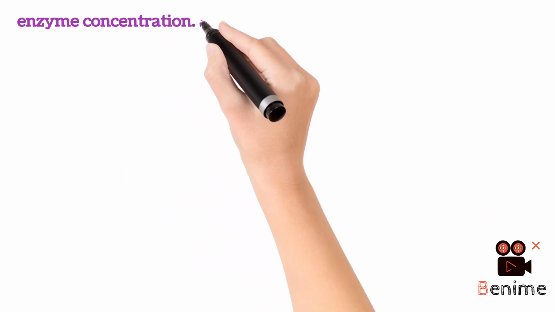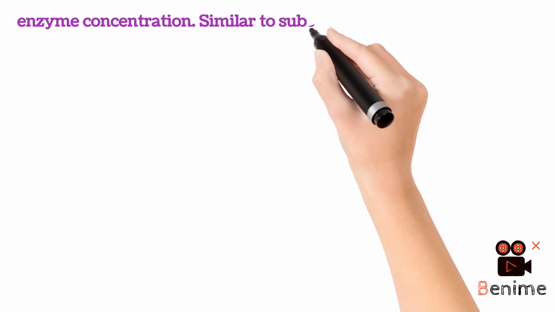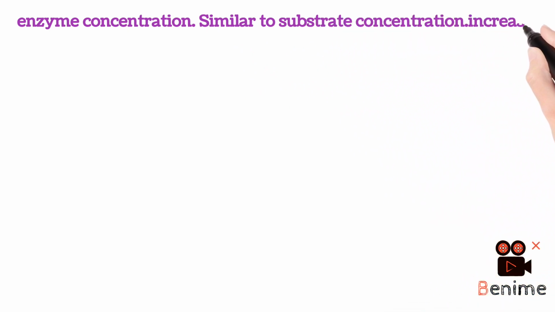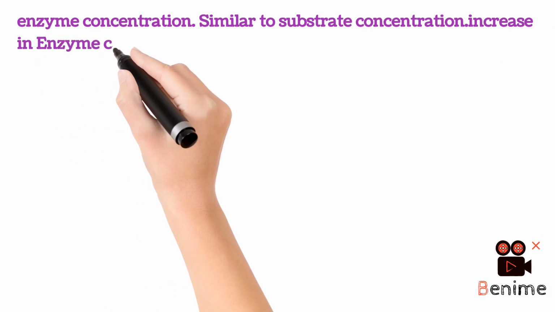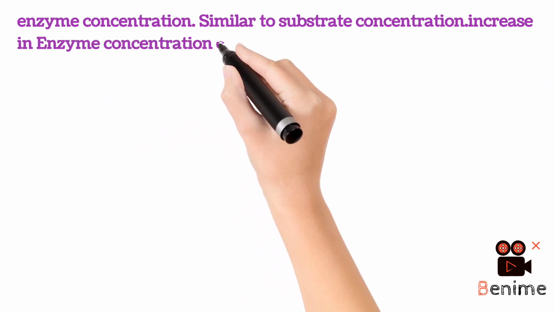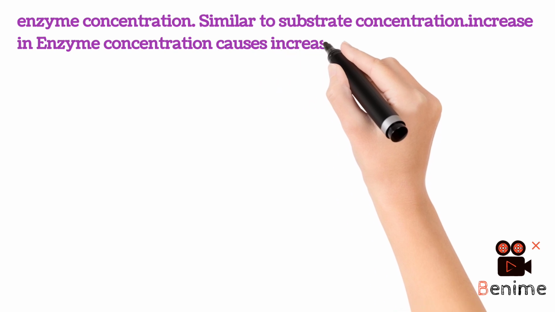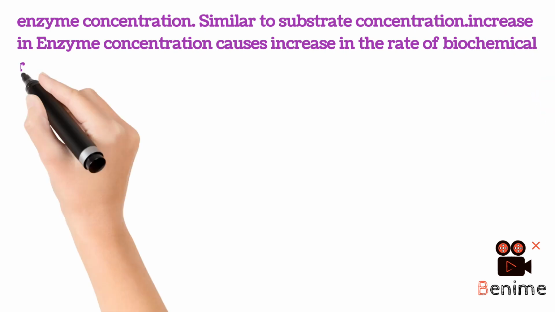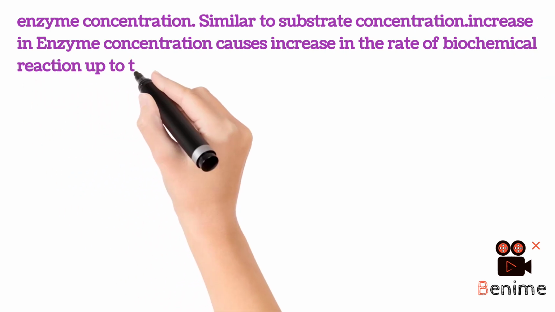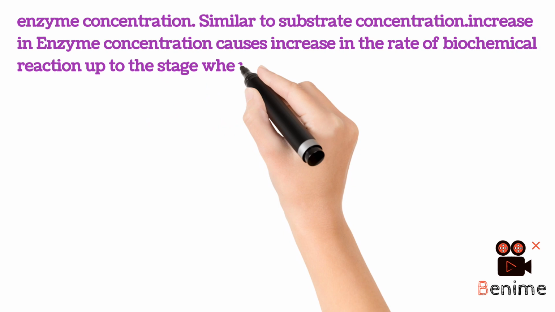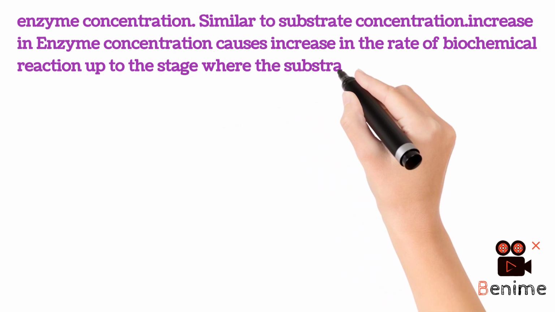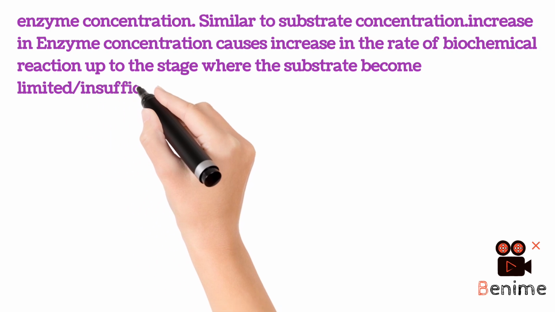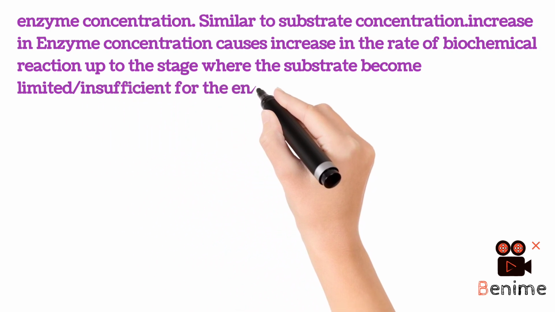Enzyme concentration. Similar to substrate concentration, at the initial stage of a reaction, increasing the enzyme concentration will cause increase in the rate of biochemical reaction. Meaning that if the amount of enzyme is increasing, the rate of biochemical reaction is increased up to a stage where the substrate is limited, meaning that there is no substrate on which the enzyme will act.